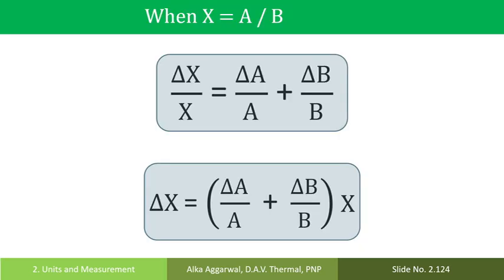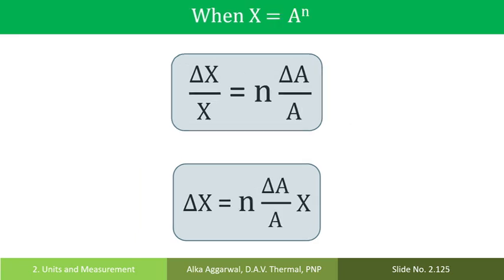When X is equal to A upon B, that is when we are doing the division, the relative error in the result is the sum of the relative errors of the measured quantities and is done in the same way. When X is equal to A to the power n, then X can be written as A into A into A up to n times.